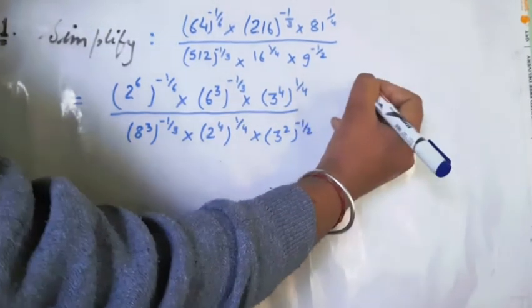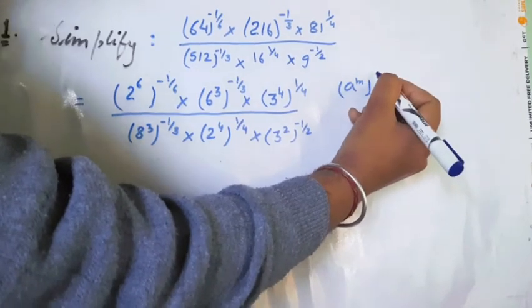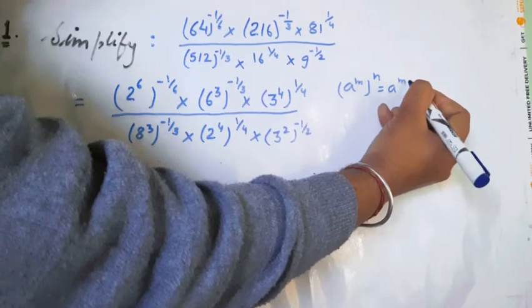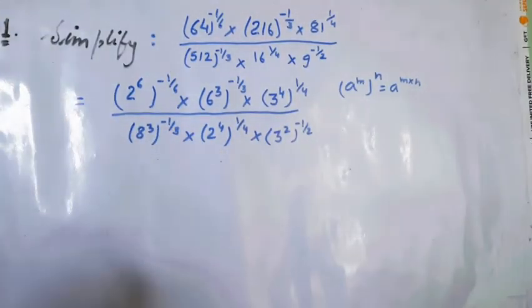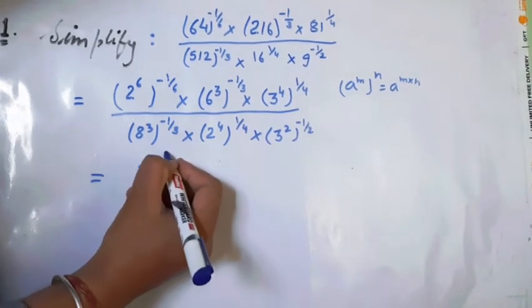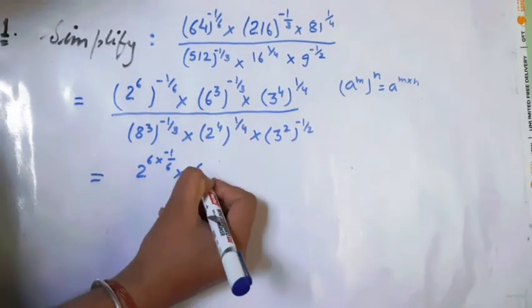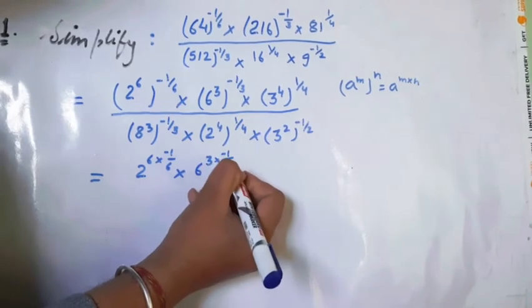So we know if we have power raised to power, means if we have a raised to power m whole raised to power n, this will be equal to a raised to power m multiplied by n. So what is your solution now? This will be equal to 2 raised to power 6 multiplied by minus 1 upon 6. Similarly, 6 raised to power 3 multiplied by minus 1 upon 3.